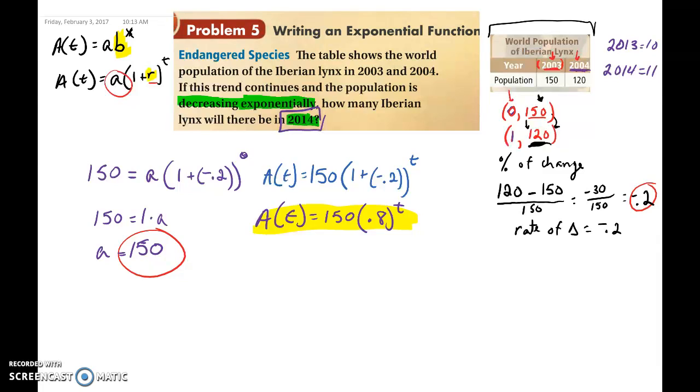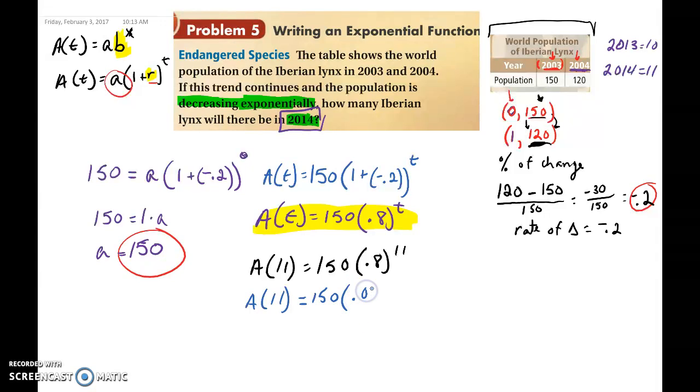So all we need to do now is substitute 11 in for t. So a sub 11 is equal to 150 times 0.8 raised to the 11th power. And now we have a sub 11 is equal to 150 times 0.8 to the 11th power, which is approximately 0.0859. Now I rounded it there.